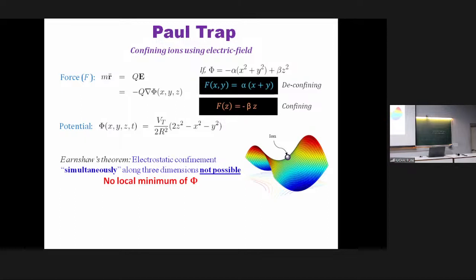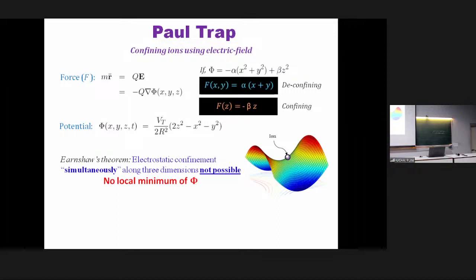The rotation frequency has to be much faster than the sinusoidal motion of the ion, so that on a time average, the ion doesn't see the deconfining part, it only sees a confining potential. Right? Now how can you rotate this? What can you rotate? You can rotate the potential itself, right? Or you can rotate the ion. Both are possible.